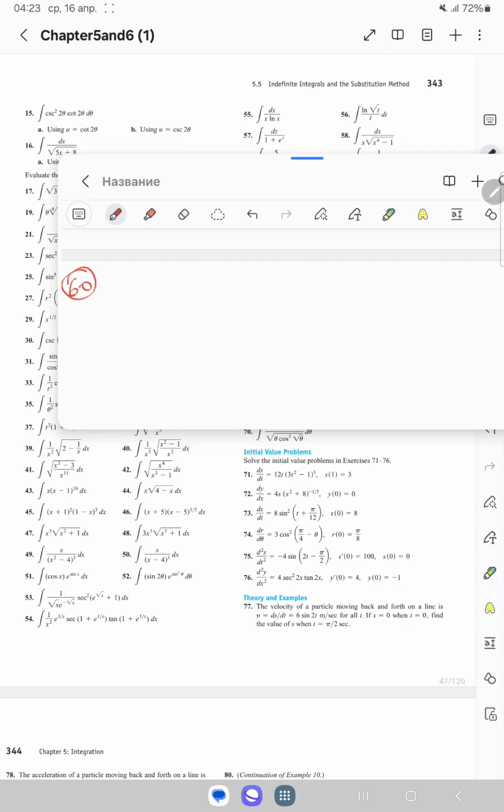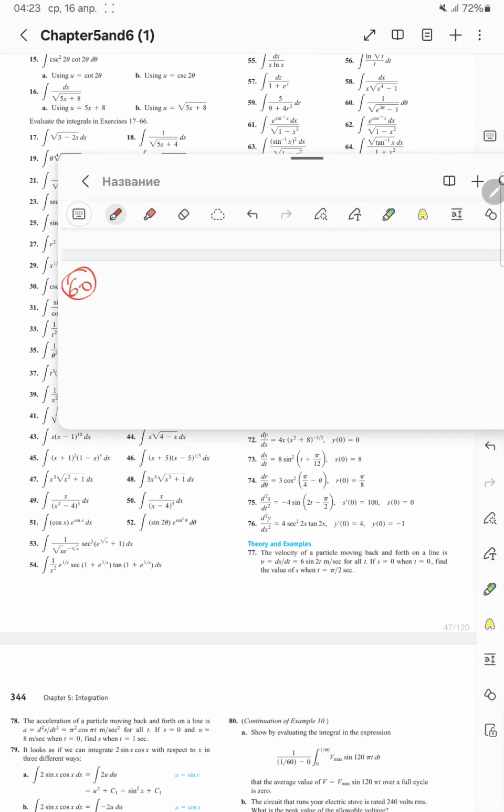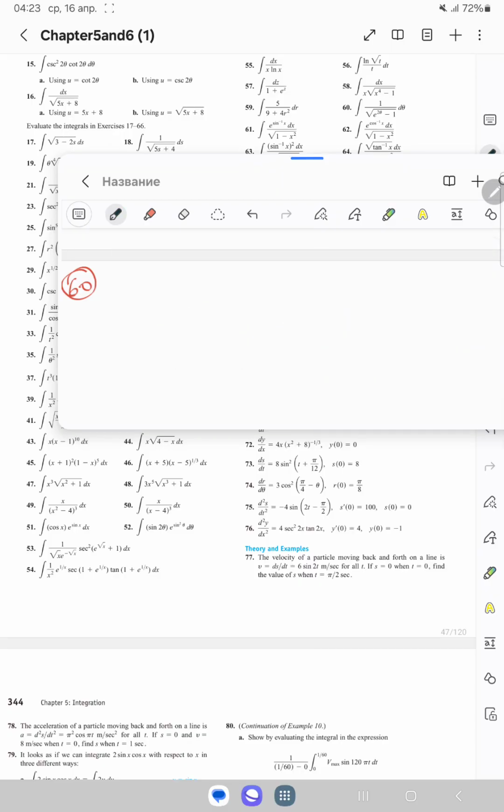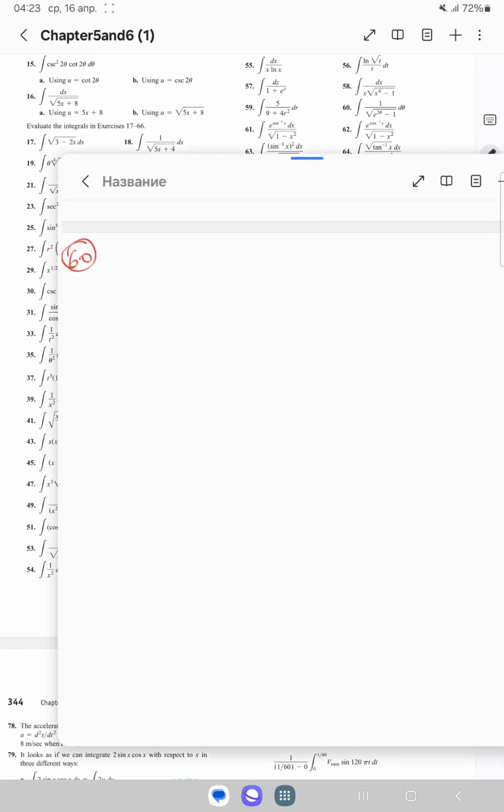So it says the integral of 1 over e to the power of 2 theta minus 1 d theta. What can we do? What is difficult here?